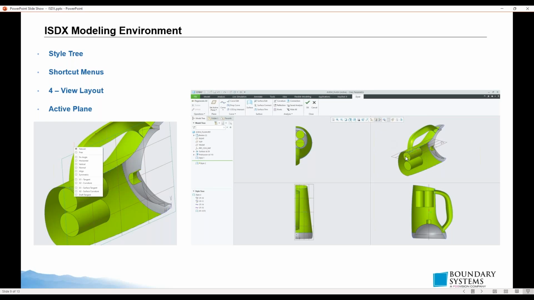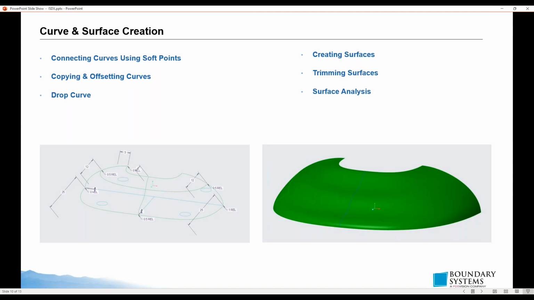So we can model with all of these views within the top view, front view, right view, and then also this isometric view here in the top right. And then there's also the active plane, which we use to basically specify the plane that we want to sketch on.